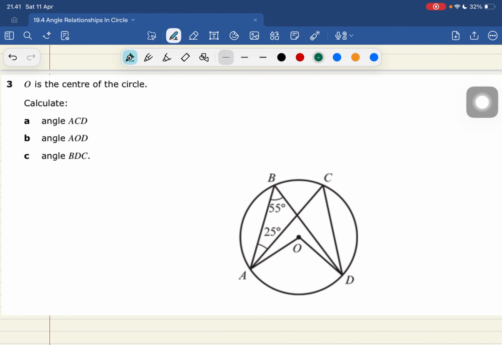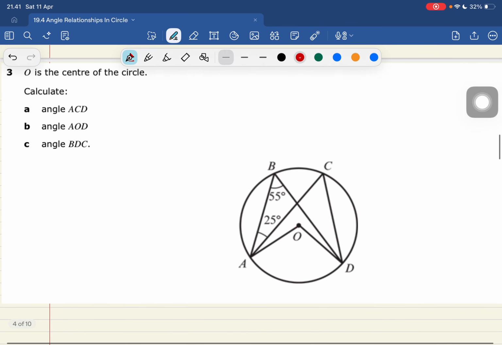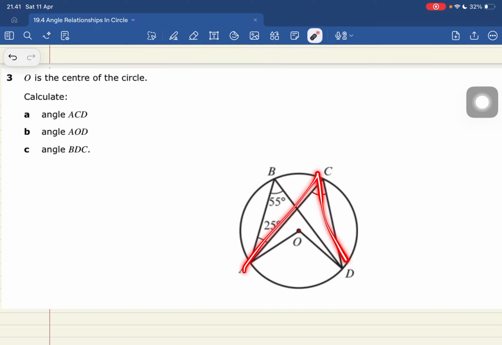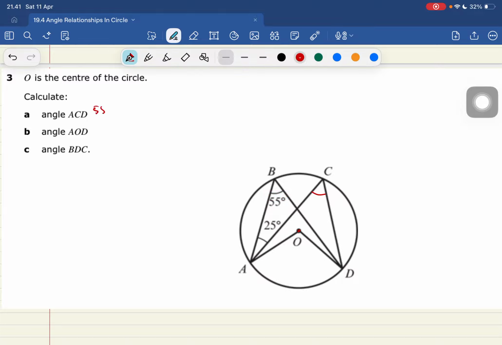O is the center. Calculate the angle ACD. This angle. We can see ACD and ABD are angles in the same segment. So if this is 55, it's also going to be 55, because angles in the same segment. Next, AOD.